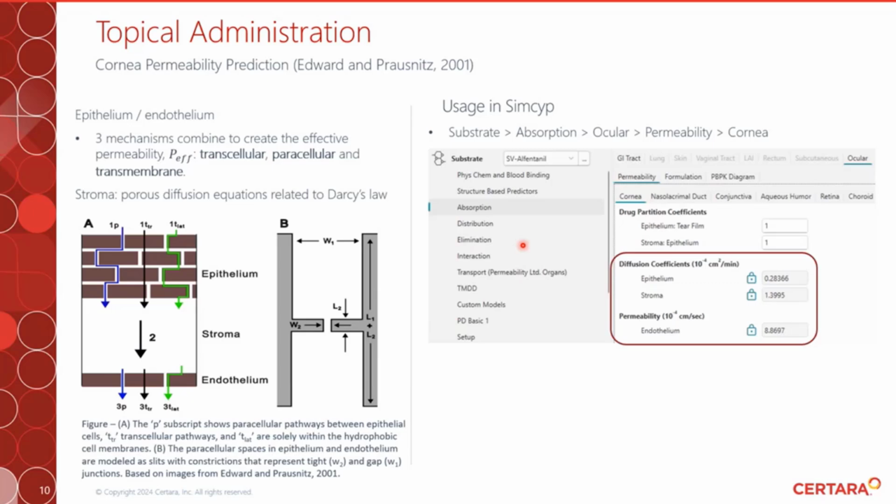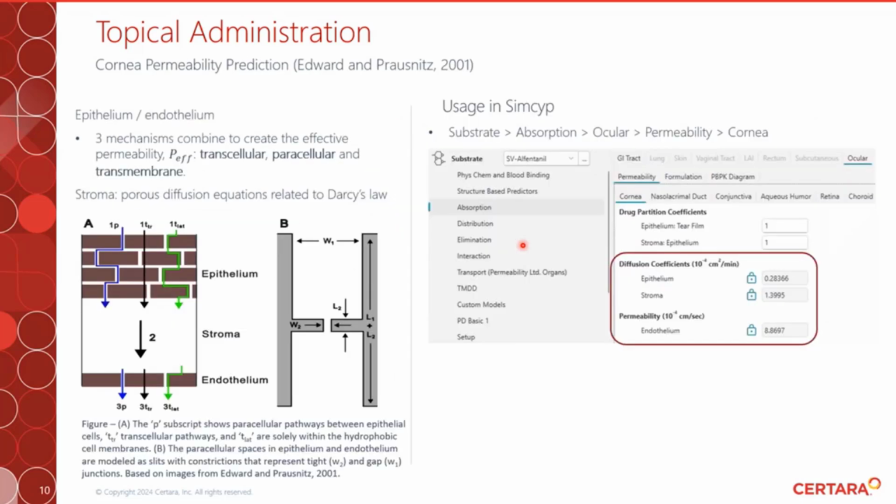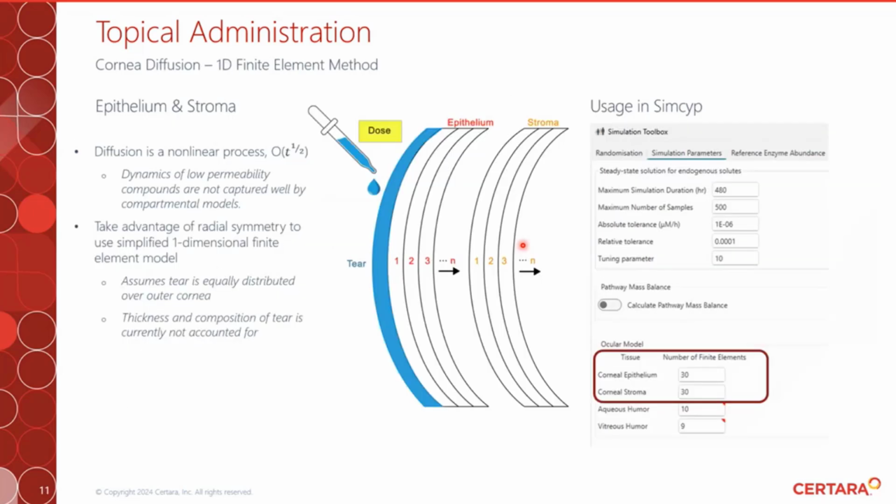But one of the problems that we were facing, especially with hydrophilic substances, was that even with fairly low diffusion coefficients, we were still getting pretty fast diffusion across those layers because the epithelium is so thin. A way that we dealt with this problem was to introduce finite elements into our model. For those of you who aren't familiar with finite elements, you basically break the problem up into layers or sections, for one-dimensional systems anyway.